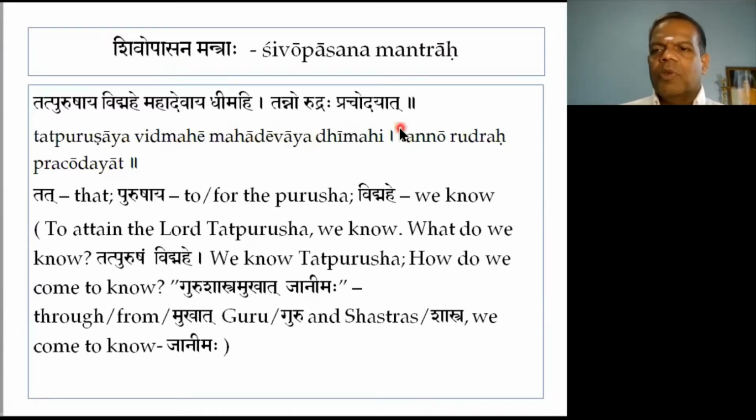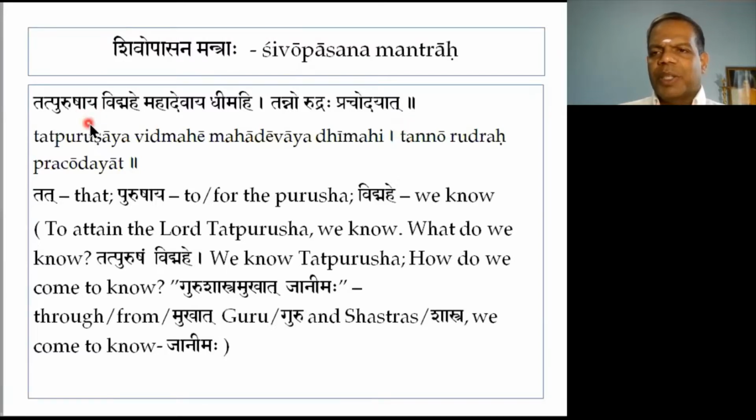I think many of you will recognize that this is in the form of a Gayatri Mantra. A Gayatri Mantra is of the Gayatri Chandas, which is 8 times 3, the meter of the Gayatri.